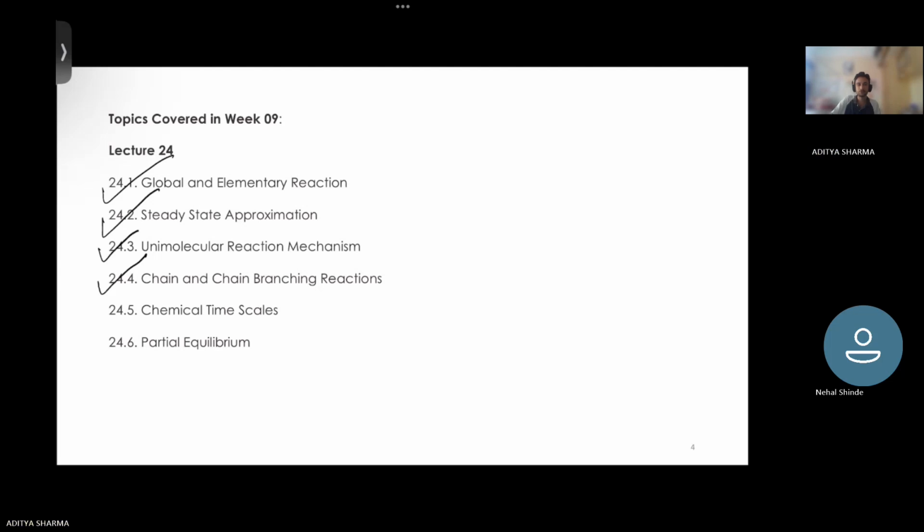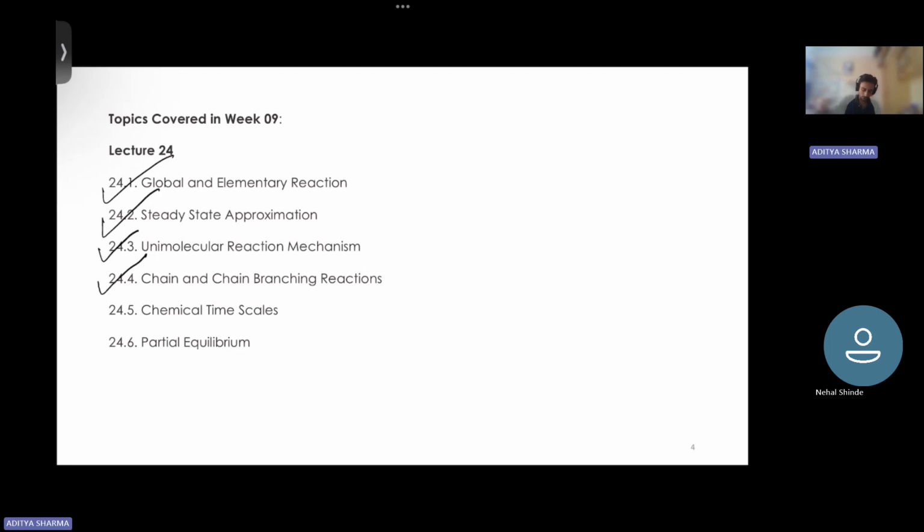Then there are discussions on how chain initiation takes place, how the propagation of the chain takes place, and eventually how the chain terminates. All this has been discussed under this topic.